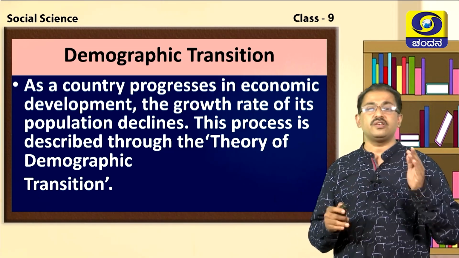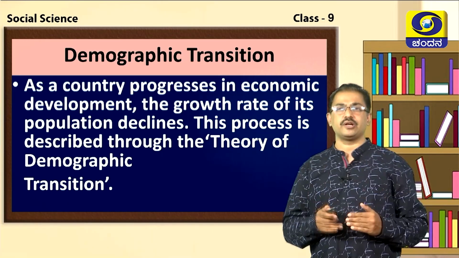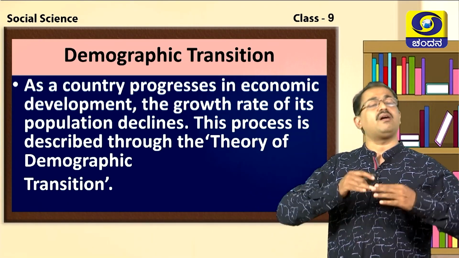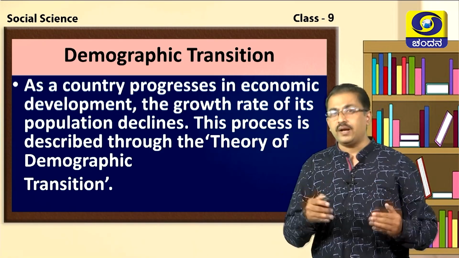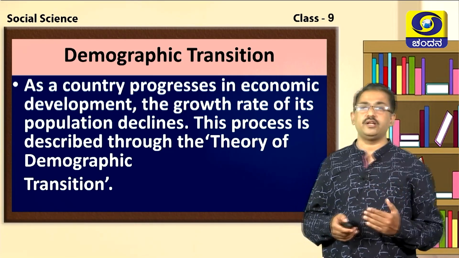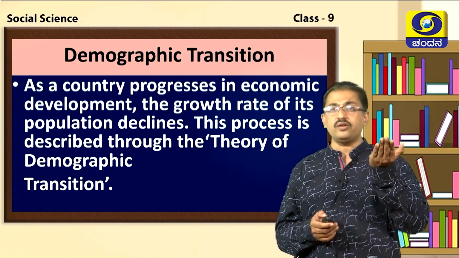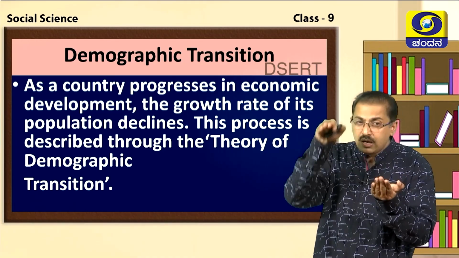This process is described through the theory of demographic transition. Because of awareness and education, people begin to have one or two children at home. So, dear students, as the country progresses in economic development, the growth rate of its population declines.